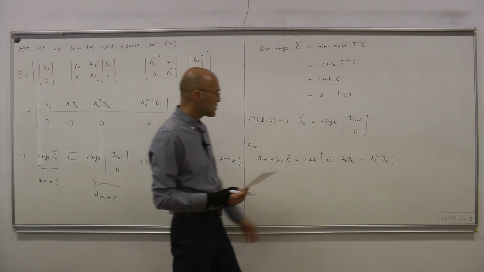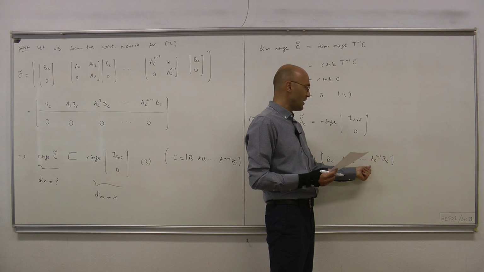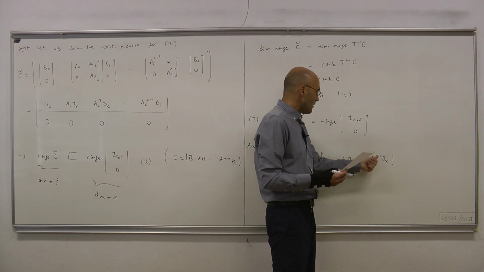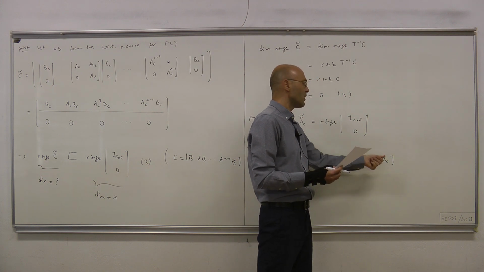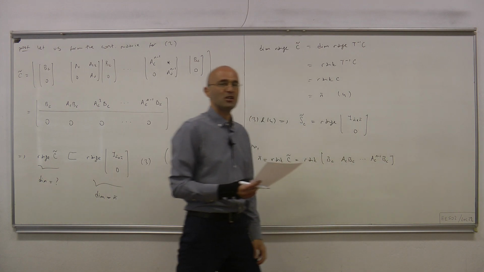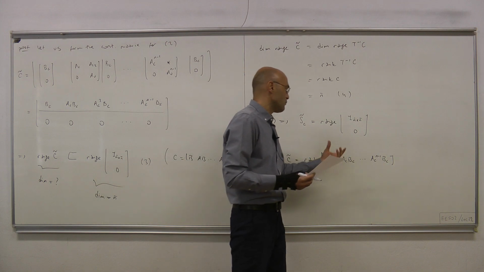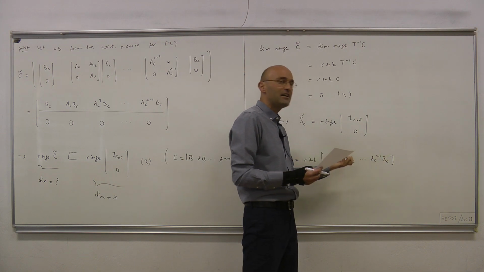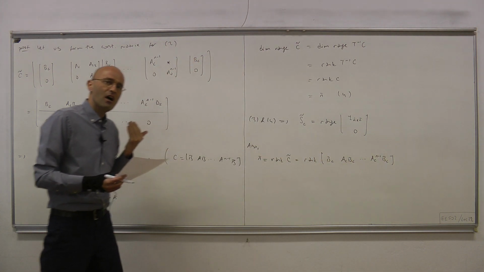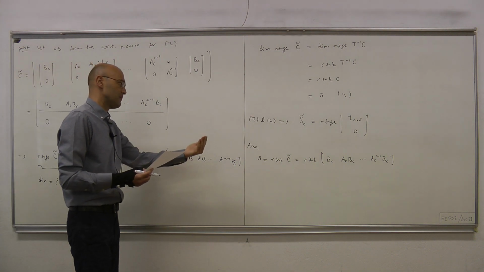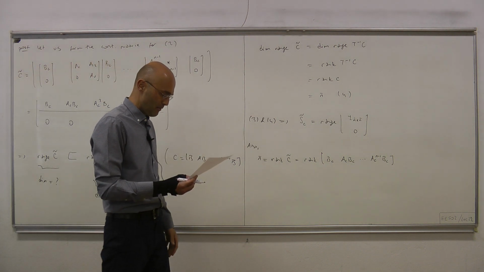So that means starting from n bar, the terms AC to the n bar times BC, AC to the n bar plus 1 times BC, those columns have to be linearly dependent on the columns coming before them, due to Cayley-Hamilton theorem.